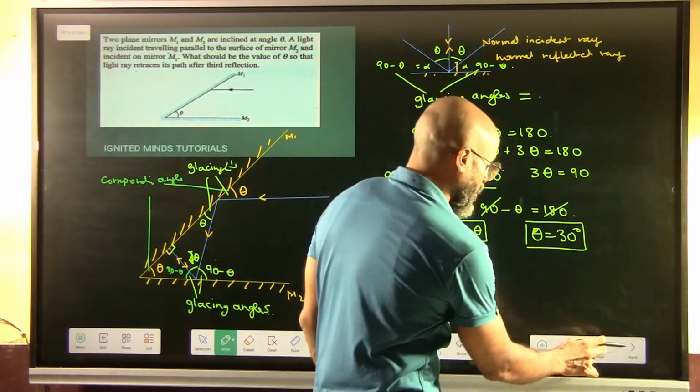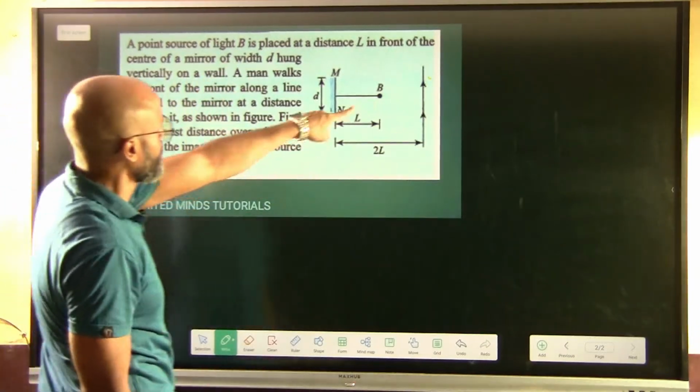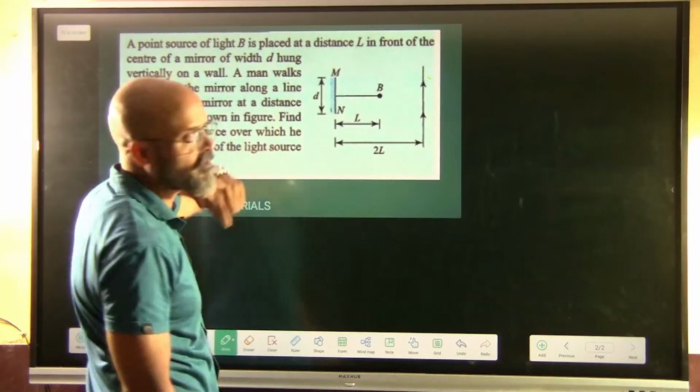All right, let's move on to the next one. We have a point source of light B placed at a distance L in front of the center of a mirror.